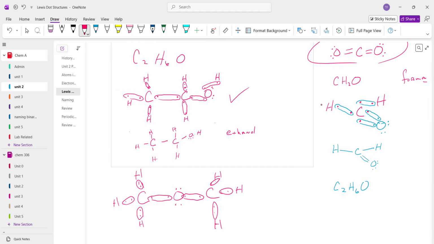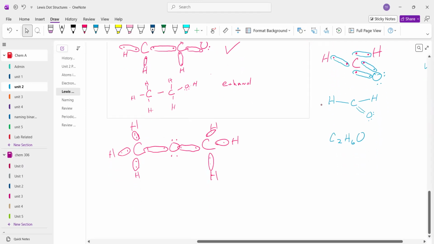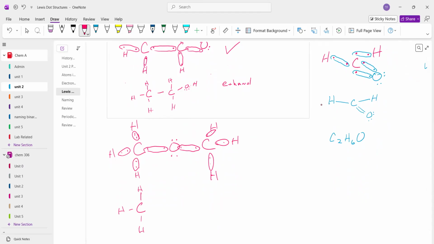Okay, carbon's got four, oxygen's got two, and the hydrogens all have one. So let's put the lines in now. So we have dimethyl ether, same formula, very different chemicals. One is an alcohol, the other is an ether.